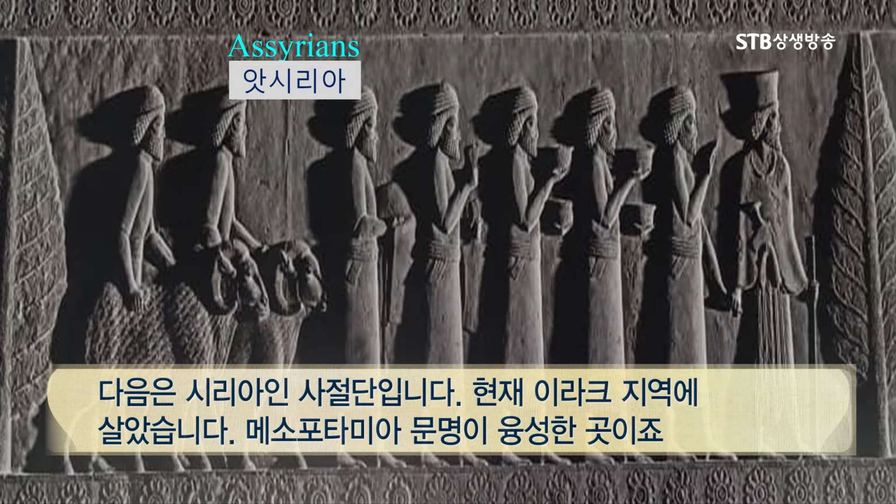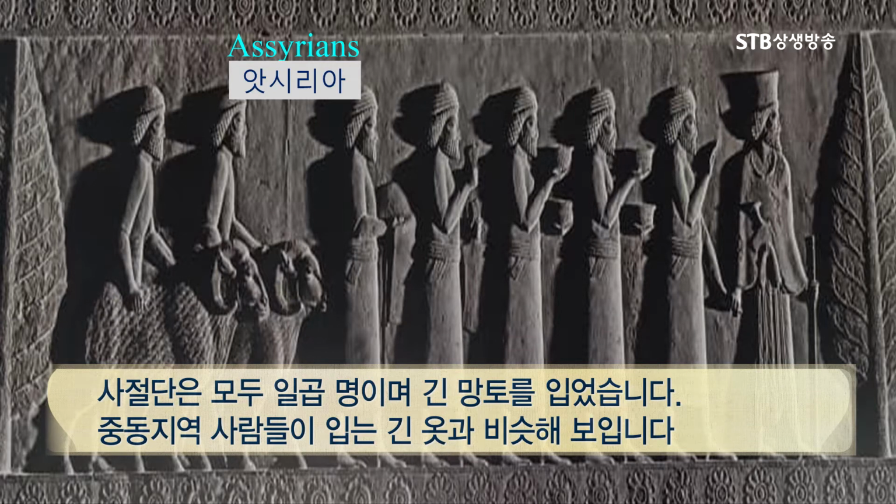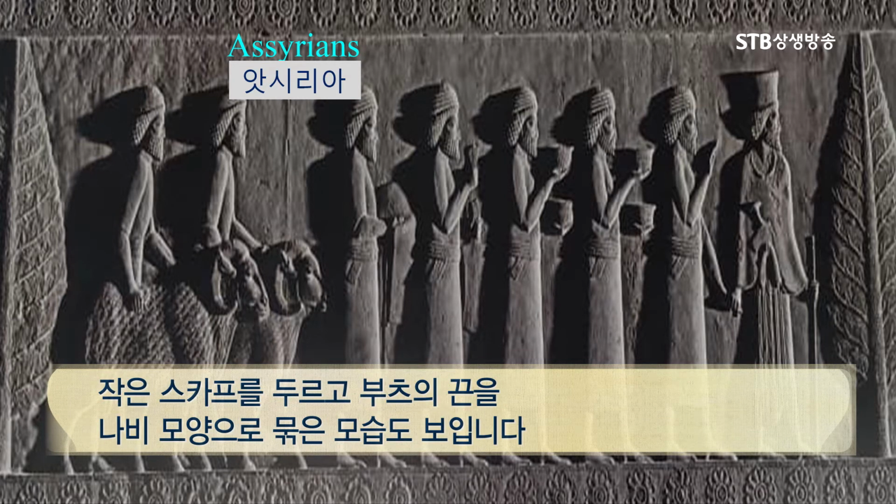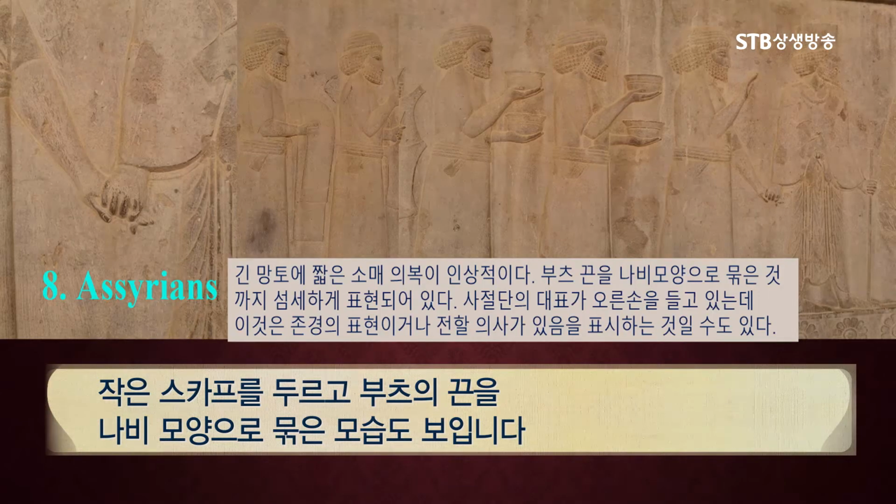The next is Assyrian. Their location is in modern Iraq. Again, Mesopotamia. There are 7. They are wearing long cloaks, like the Arabs wearing long cloaks nowadays. The tiny scarf, and look at the step, which is decorated in the shape of a butterfly.